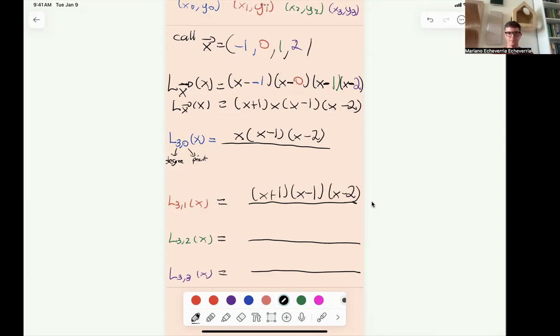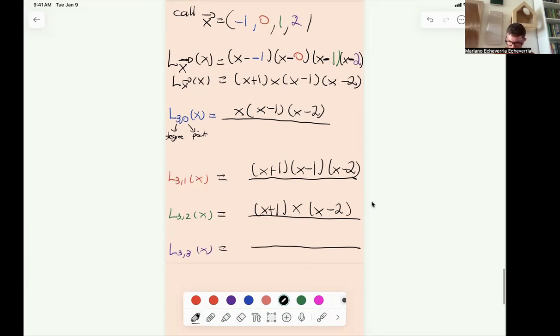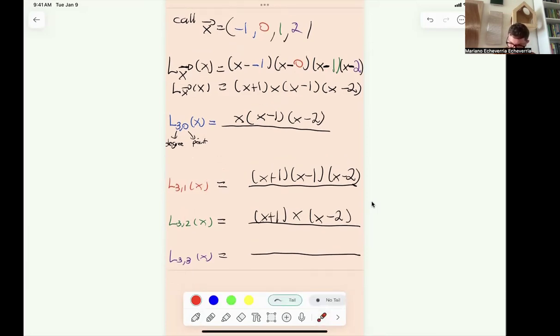And then for the next one, you remove the factor corresponding to x2. The factor corresponding to x2 was this one, so you remove this one from the polynomial. So you get x plus 1 times x minus 2. And for the last one, you remove the last factor.